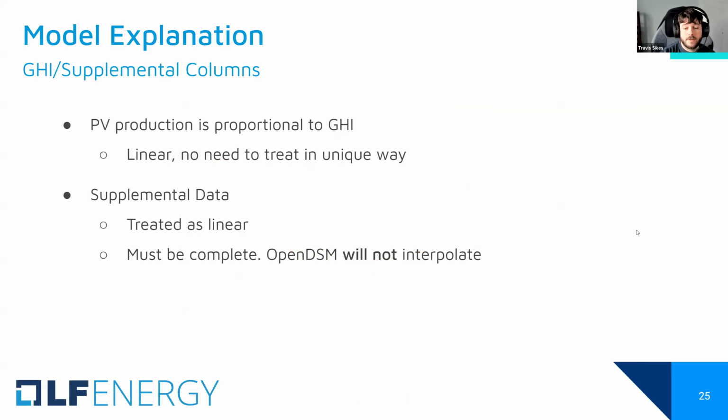Now, next is the solar PV production, which is surprisingly one of the easy parts of this model, which is kind of funny to say, since that is one of the primary motivations for this model. But we know that PV production is proportional to GHI. If you have more sunlight outside, you will get more energy from your solar panels up until you hit saturation.